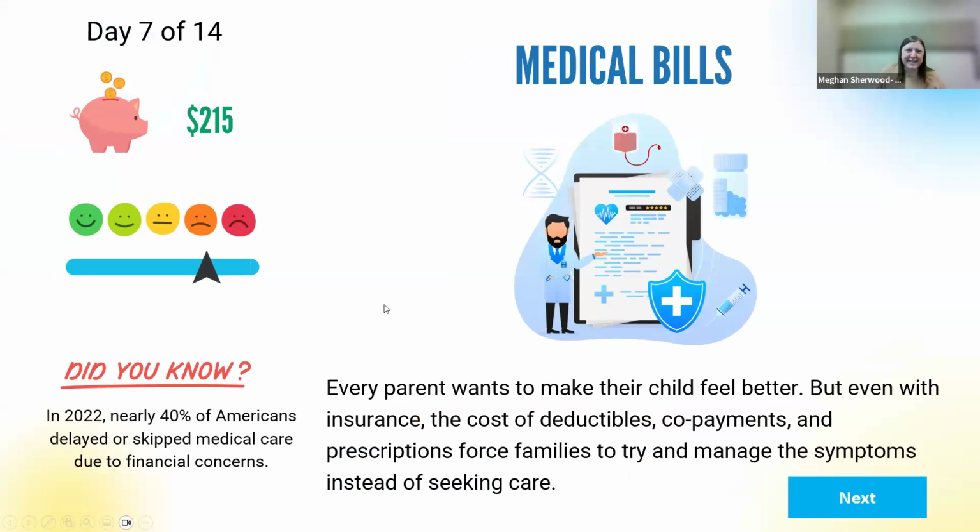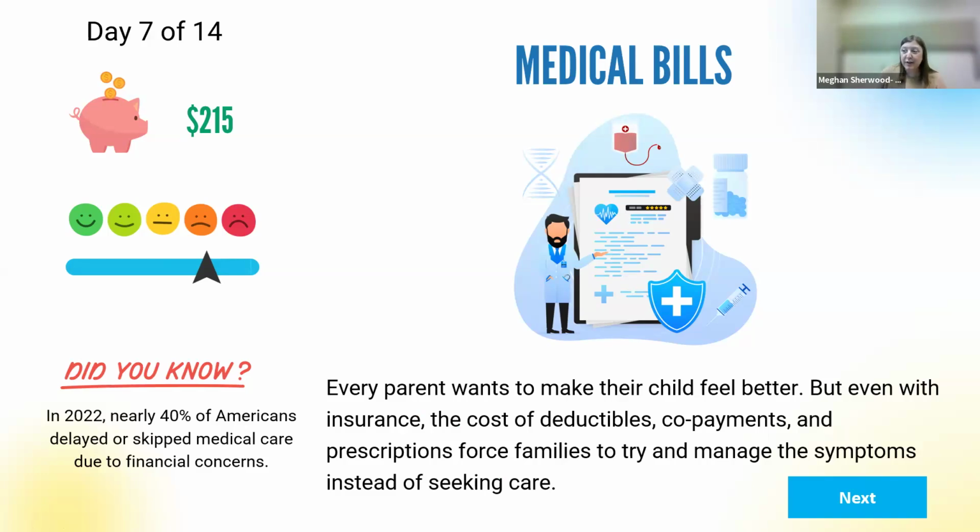So we know that's a tough choice, right? Kids, pets, family members, we want everyone to be healthy. We want everyone to feel better. But even with insurance, the cost of deductibles, getting an appointment, getting into urgent care, co-payments, the prescription costs can force families to try and manage the symptoms instead of seeking care.